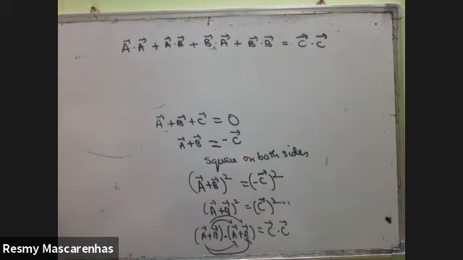Cos theta is 0 upon 120, which will also give you 0. So theta is cos inverse of 0. And then check which angle will give me 0. Cos of which angle will give me 0? Obviously, you know, cos 90 degrees is 0. The angle between A bar and B bar is 90 degrees.